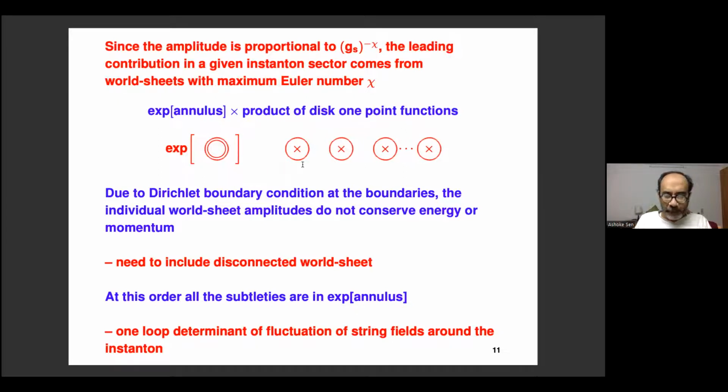One point to note here is that normally we don't include disconnected worldsheets, because typically a disconnected worldsheet has the feature that each worldsheet has separate momentum conservation.